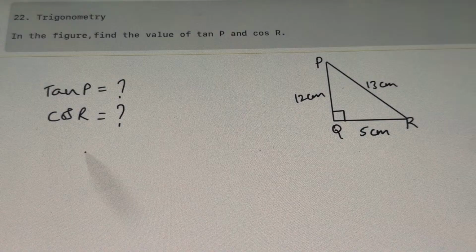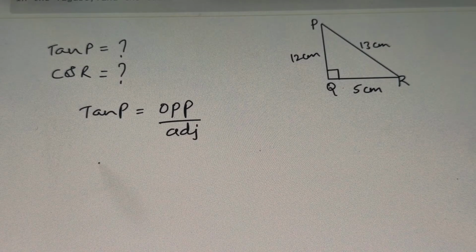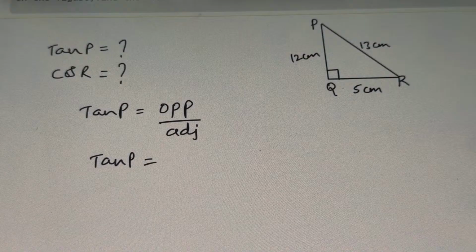First of all is tan P. By definition of tan P we have opposite by adjacent. Here P is the angle, so we have to consider the angle theta at P. If the angle is at P, then opposite to that angle we find the opposite side, and adjacent to the 90 degree, so here we need to write 90 degree.